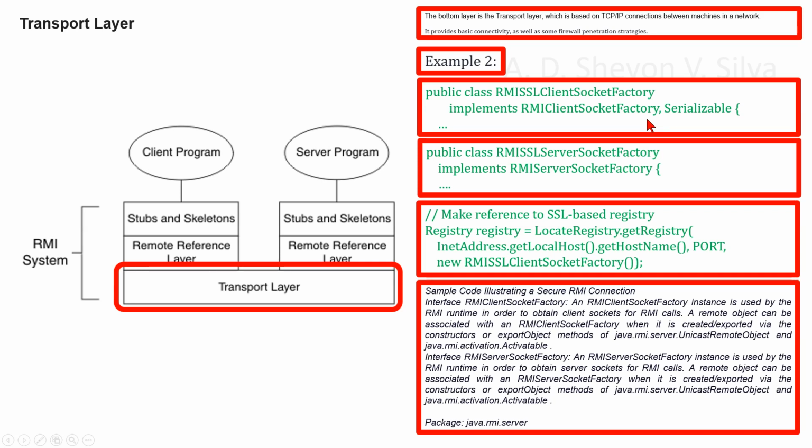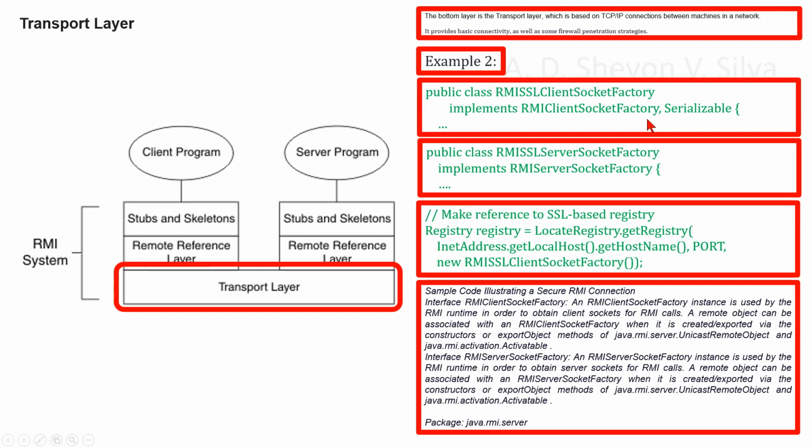A remote object can be associated with an RMIClientSocketFactory when it is created or exported via the constructors or exportObject methods of java.rmi.server.UnicastRemoteObject and java.rmi.activation.Activatable.